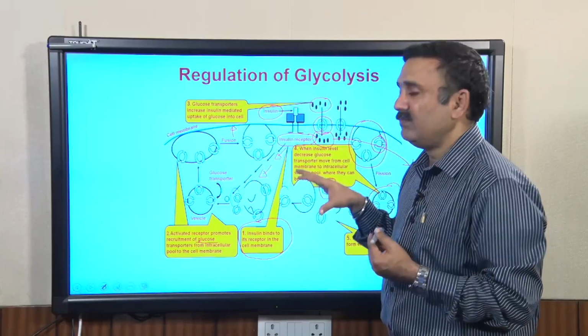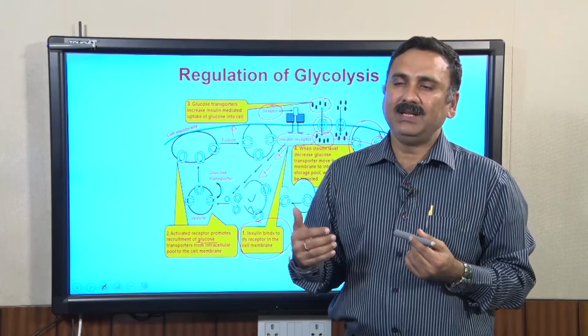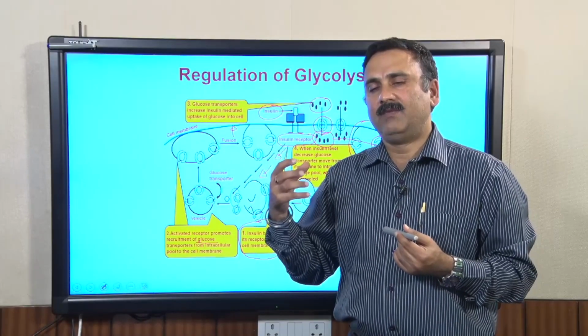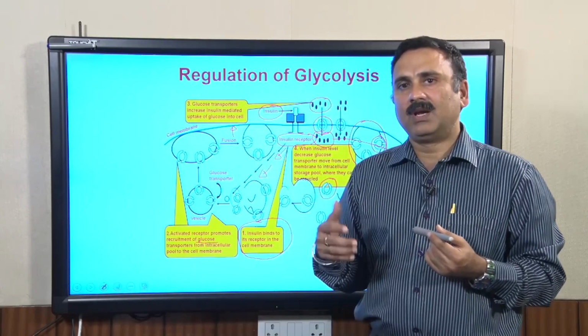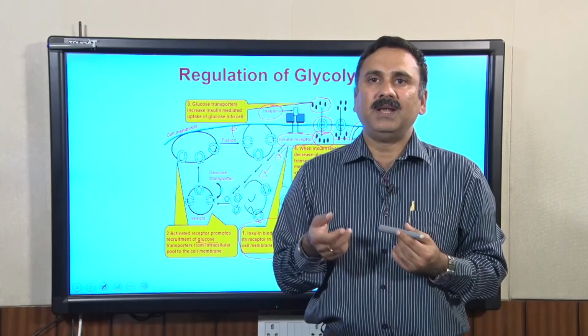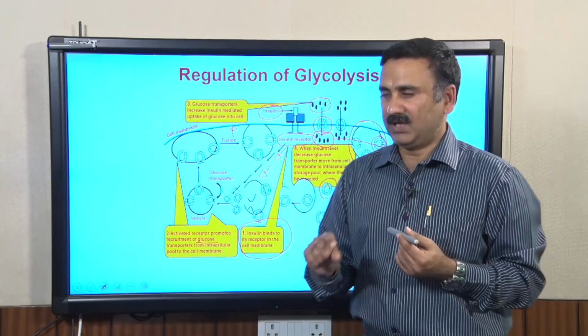Apart from this insulin-mediated control, you also have control within the glycolysis reactions operating in the cell, and these regulations are mostly either by feedback mechanism or by covalent modifications.